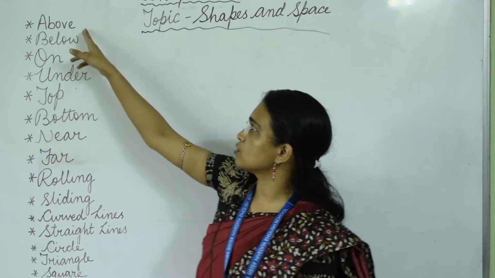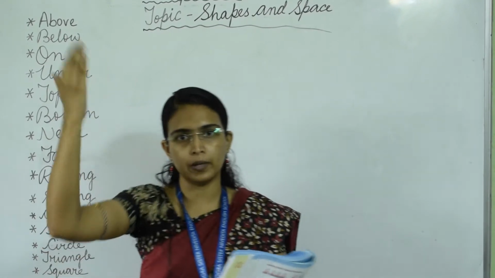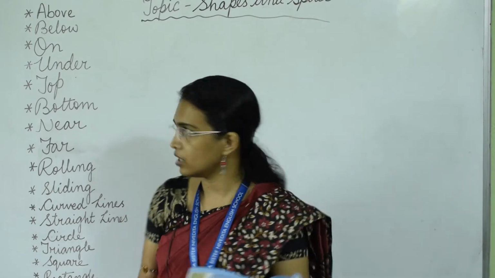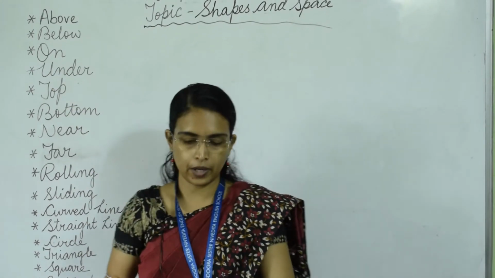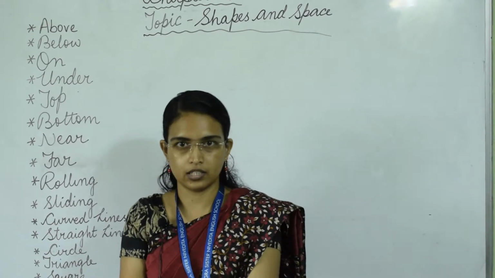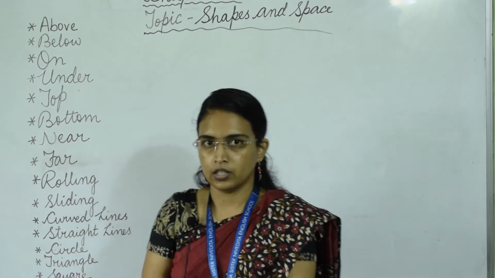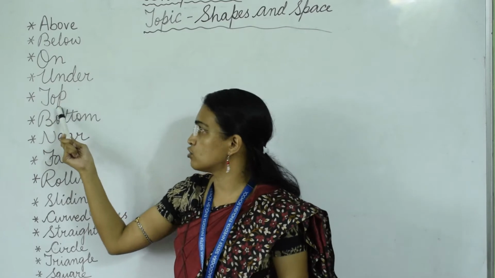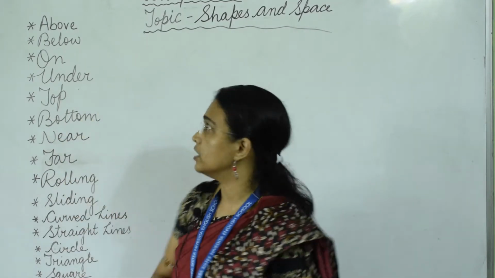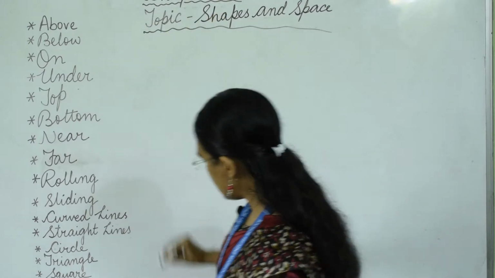Now above means what? Above means upar. Below means niche. On means upar. I have put my pen on the book like this. On matlab upar. Top means also upar. This is top and this is bottom.